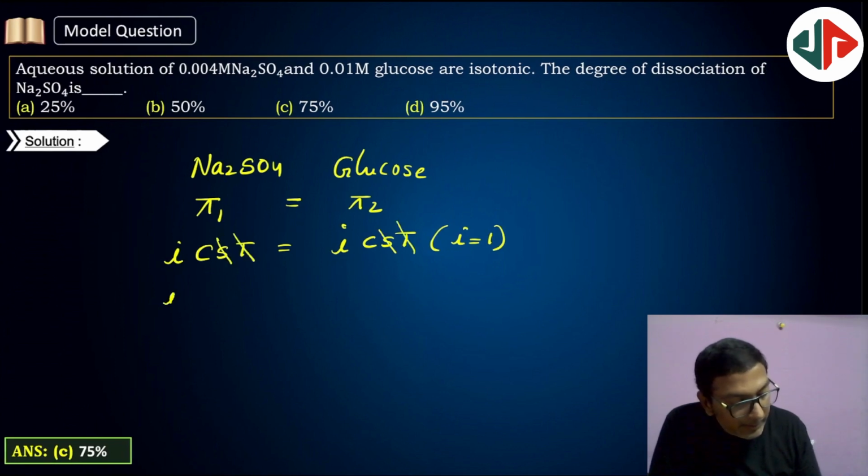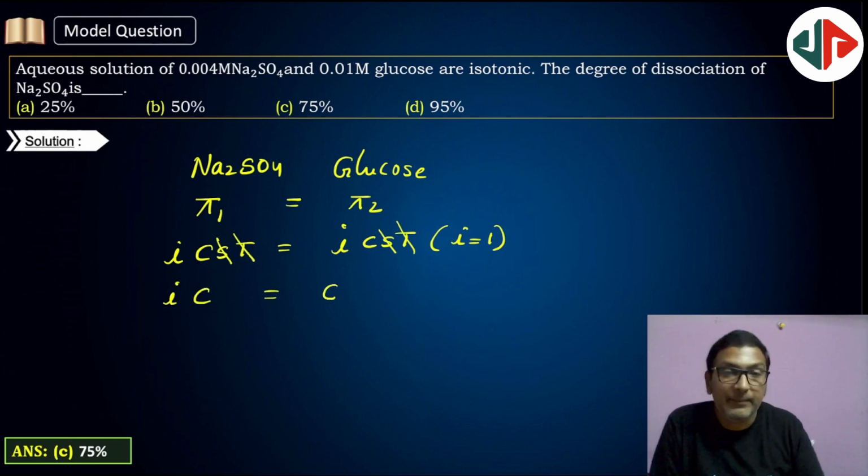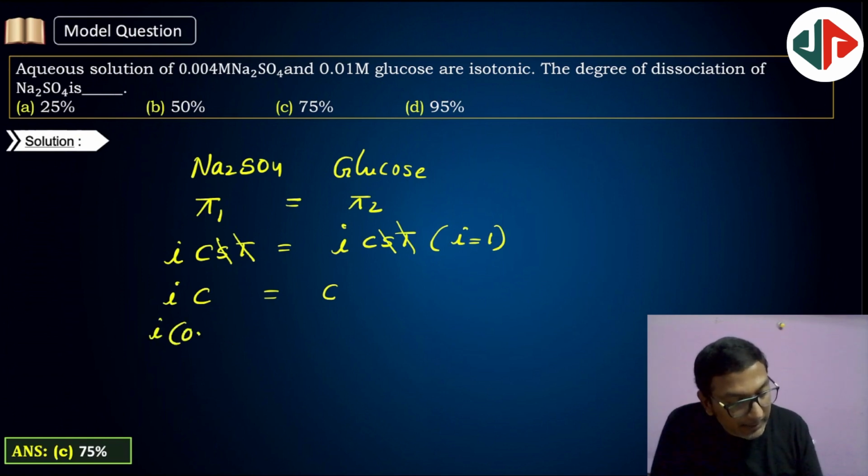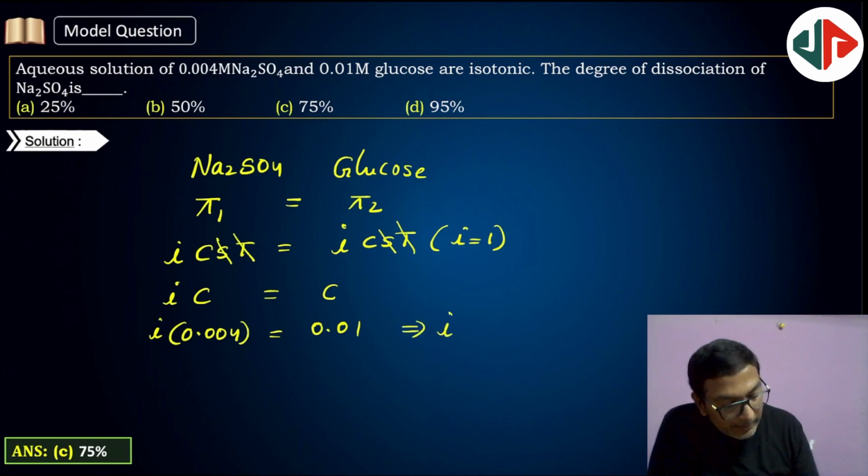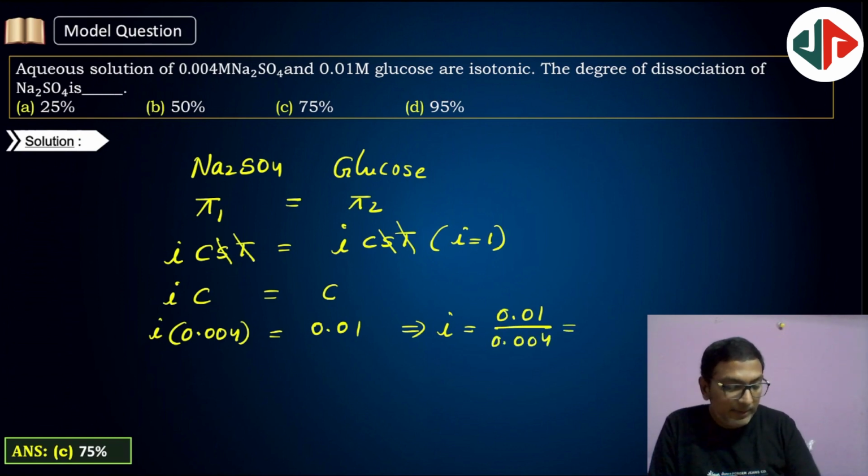Since S and T are constant, i into the concentration of Na2SO4 equals the concentration of glucose. Here i into 0.004 equal to 0.01. So i equal to 0.01 by 0.004, which is 2.5.